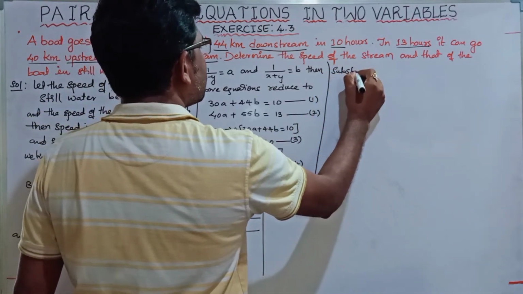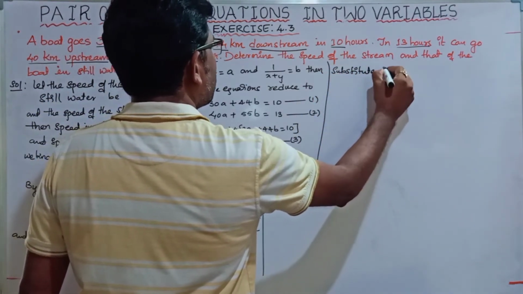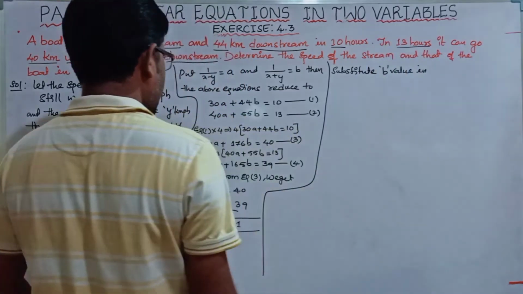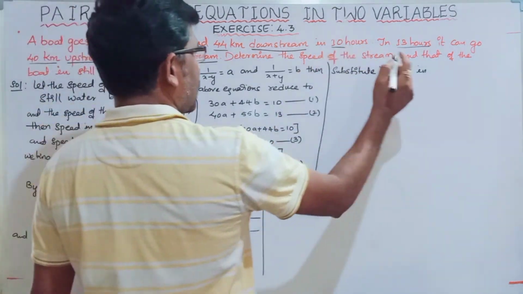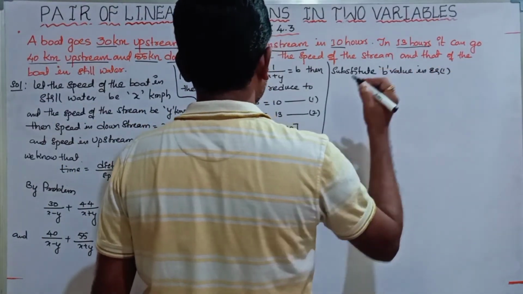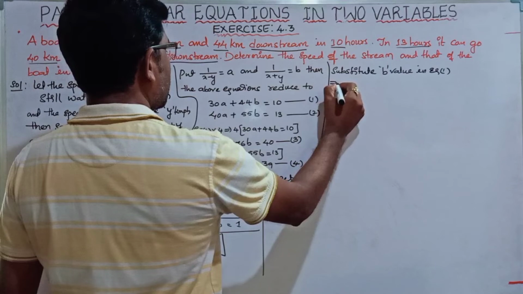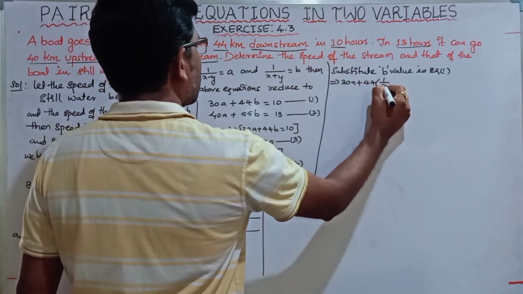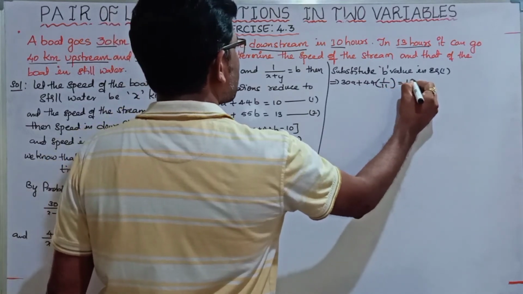Substitute b value in equation 1. It implies 30a plus 44 into 1 by 11 is equals to 10.